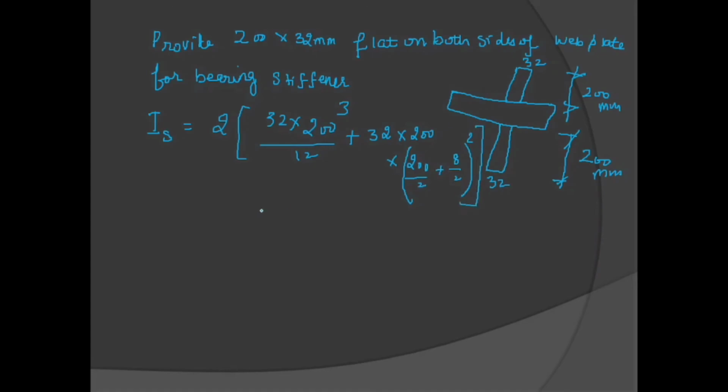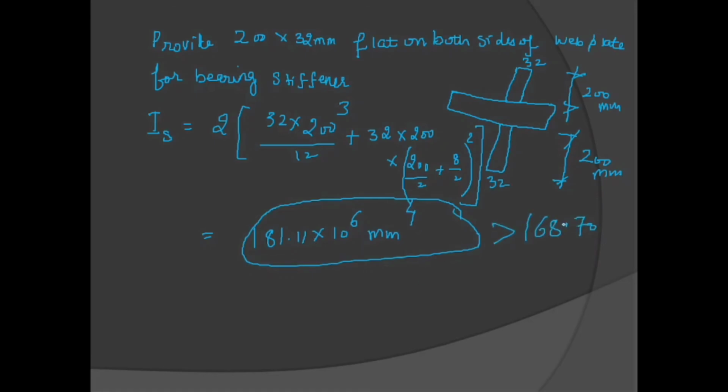Now this value for the stiffeners, because only these flats are used as bearing stiffeners, is equal to 181.11 into 10 to the power 6 mm to the power 4. So my dear students, the moment of inertia of the stiffener which we had provided as a bearing stiffener is 181.11 into 10 to the power 6 mm to the power 4, which is more than the 168.70 that is required.